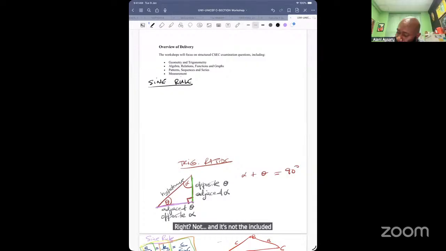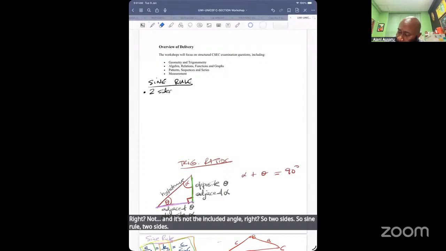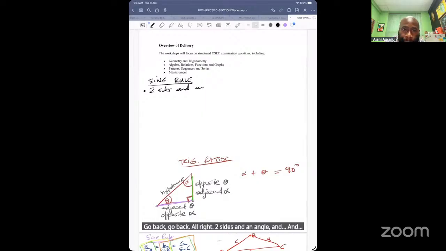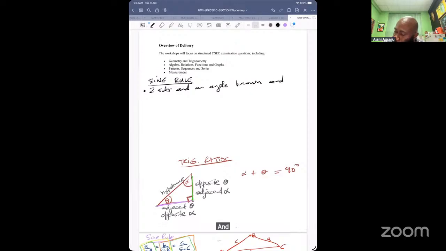So sine rule: two sides and an angle known. So we know one angle and want another angle.